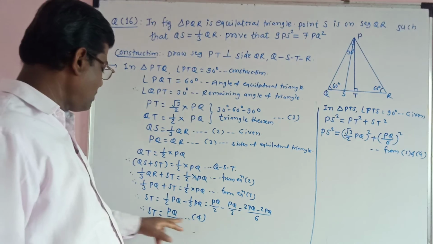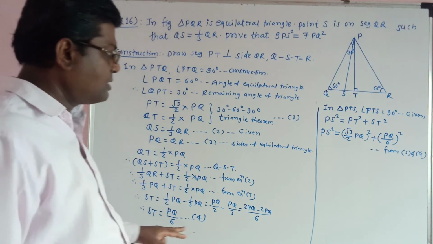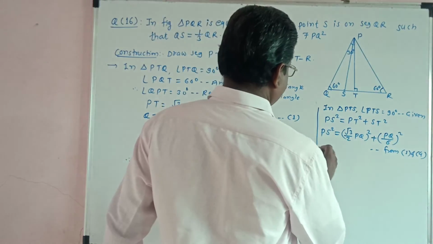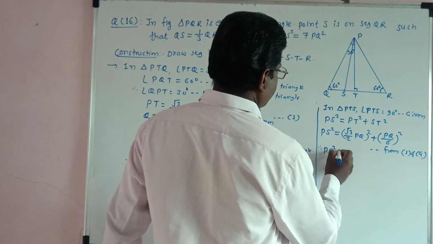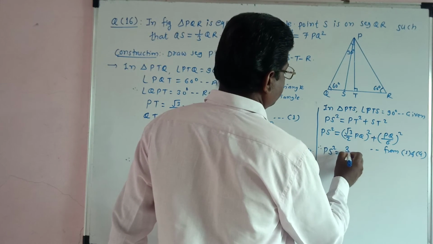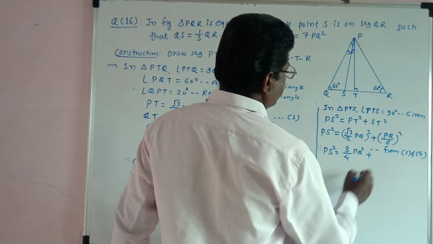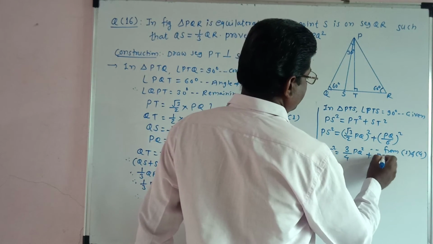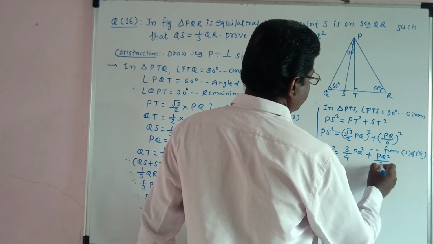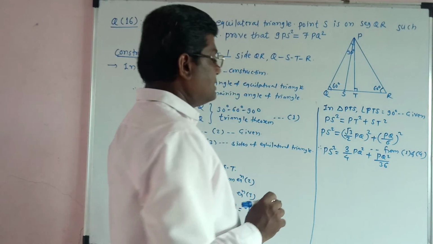From equation 4, ST is equal to PQ upon 6. Therefore, PS square is equal to root 3 square is 3, 3 upon 4 PQ square plus PQ square upon 6 square is 36.